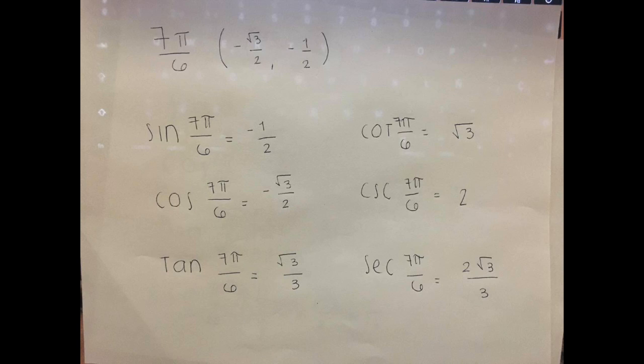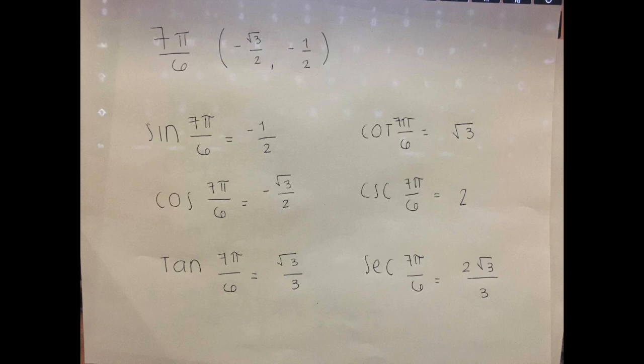To obtain the value of the 6 trigonometric functions using reference values in the unit circle for a negative angle in radians smaller than 2 pi, in this case we have 7 pi over 6, whose coordinates are negative square root of 3 over 2, comma, negative 1 half.